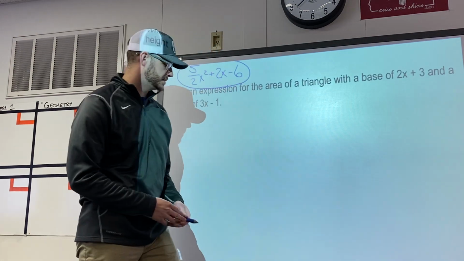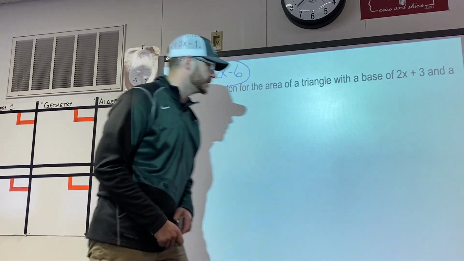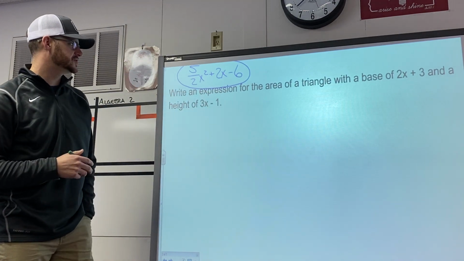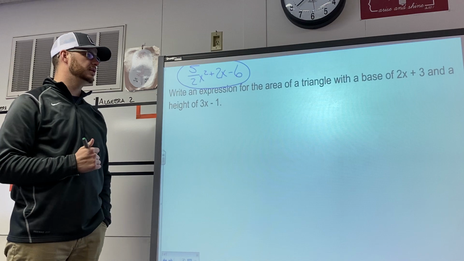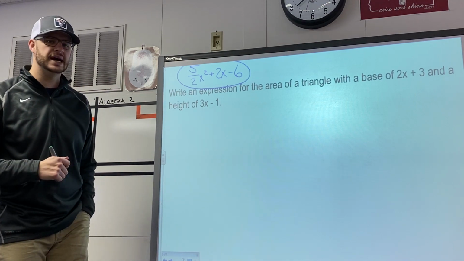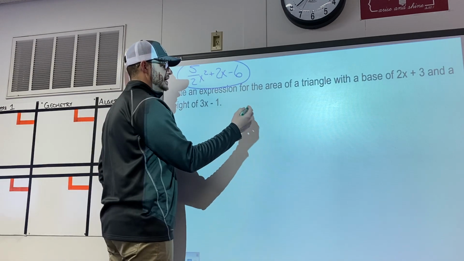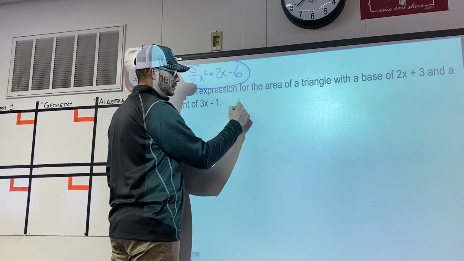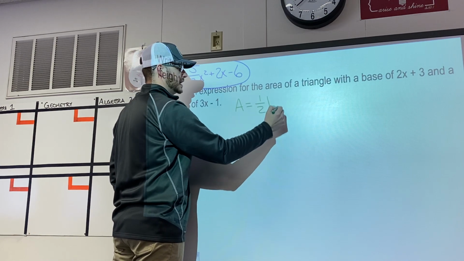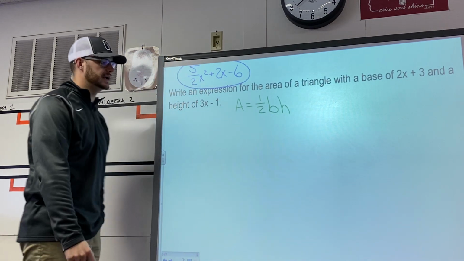So that was using a trapezoid. This time we're going to be working with a triangle. So write an expression for the area of a triangle with a base of 2x plus 3 and a height of 3x minus 1. Now the area of a triangle, if you remember back, is 1/2 times the base times the height.